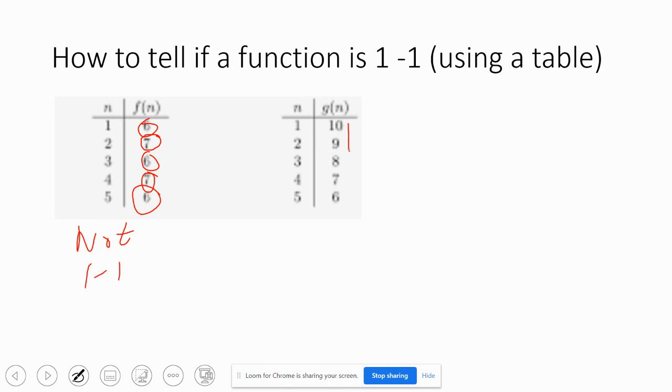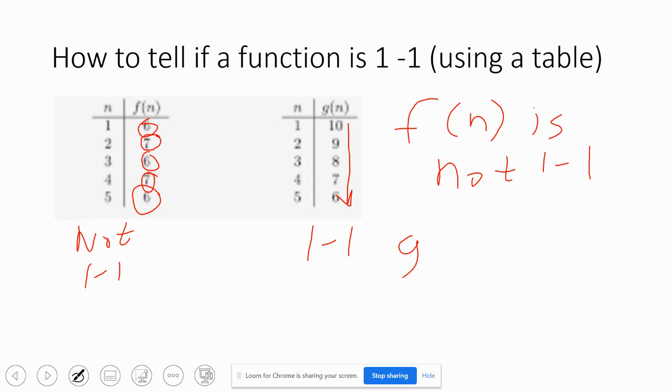But here you'll see 10, 9, 8, 7, 6, all different numbers. So this is one-to-one. So f of n is not one-to-one because there are repeats in the range, and g of n is one-to-one.